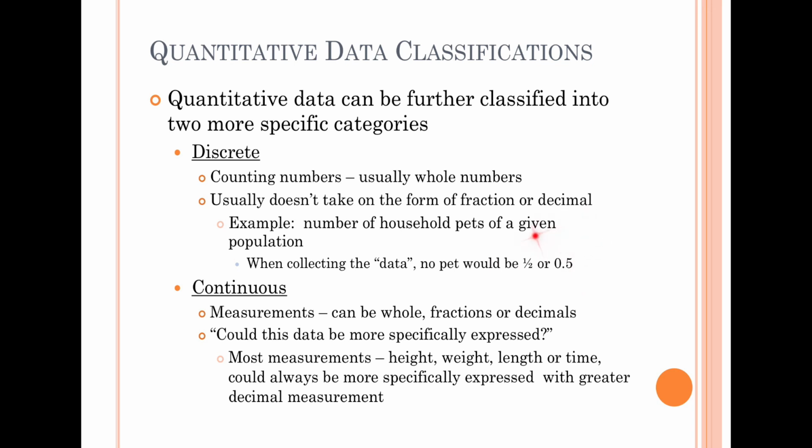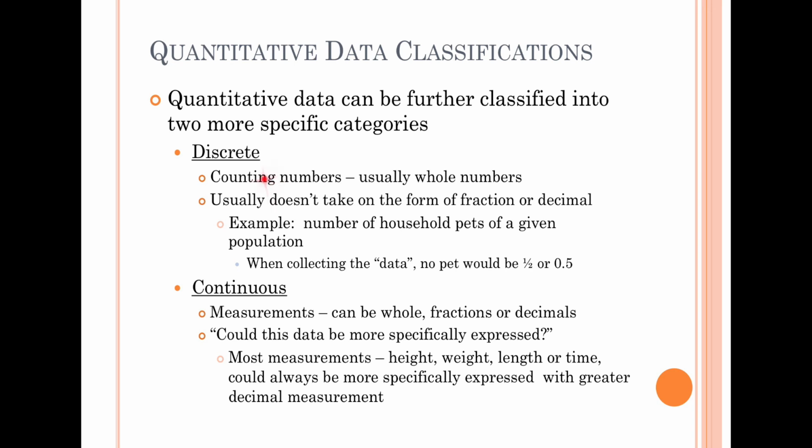But when maybe we do some averaging, we find that most households have 1.5 pets. That just means most households have between 1 and 2 pets. But those are numbers that we are crunching from our data.